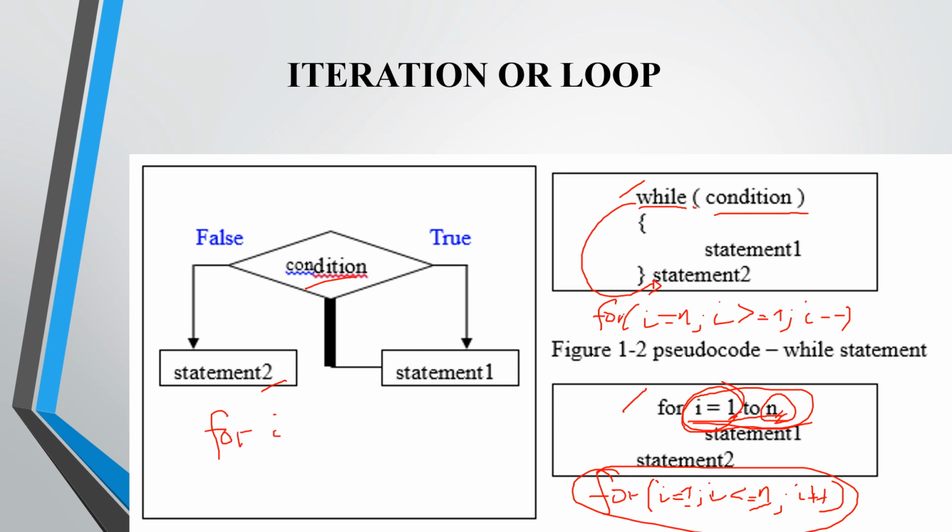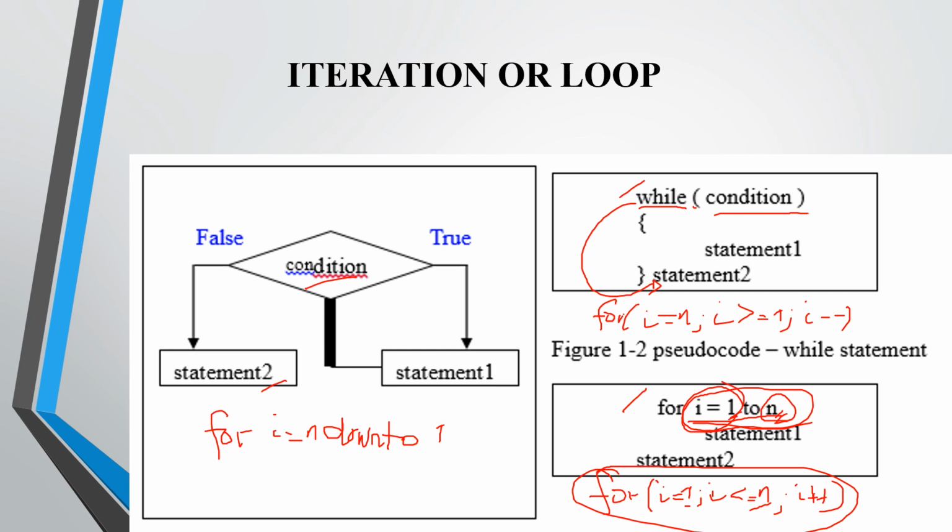We make use of variable I, the initial value is n. Instead of using the word to, we make use of the word down to, from n down to 1. So we could do that if our statement is decrement.